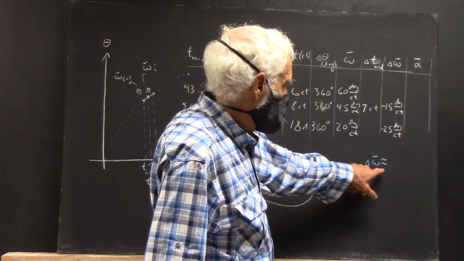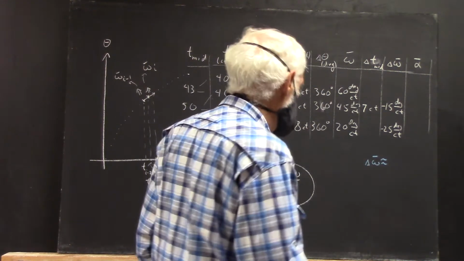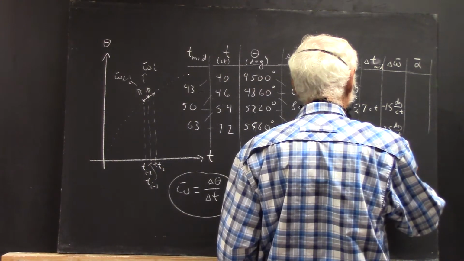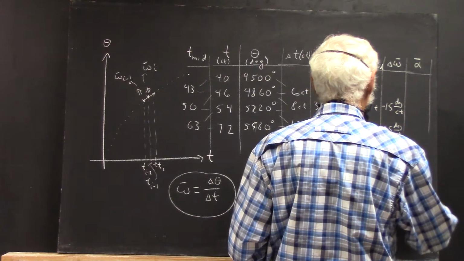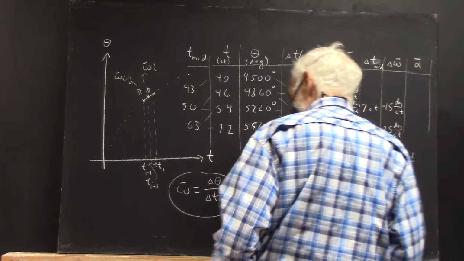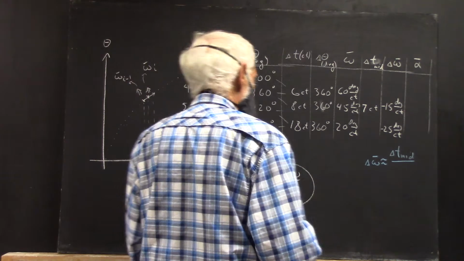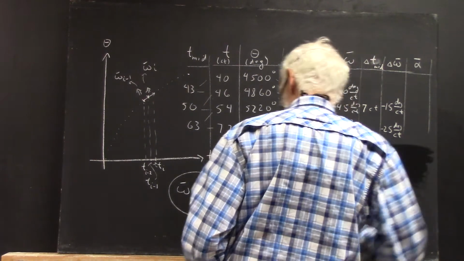I'm going to say delta omega bar is approximately equal to... I just wanted to write that delta t mid so bad that I wrote it too early.